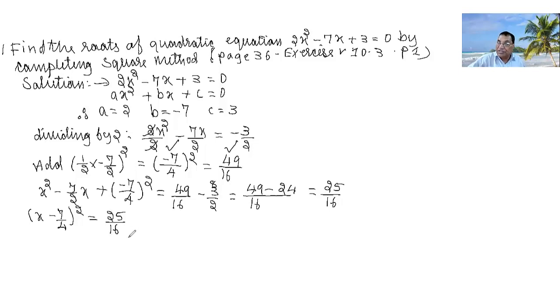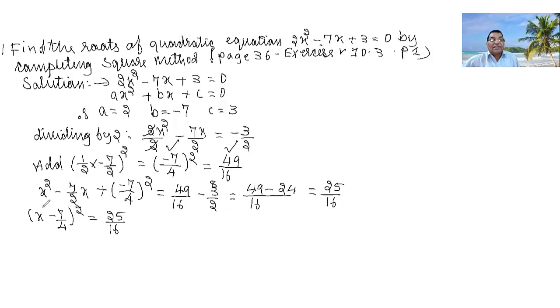Suppose if it is negative, the answer is no real roots. If this RHS quantity is negative, the answer is no roots. But it is positive, so you get the roots.